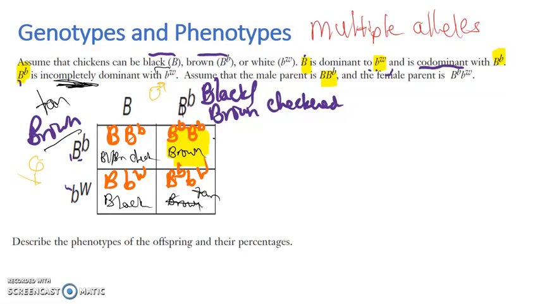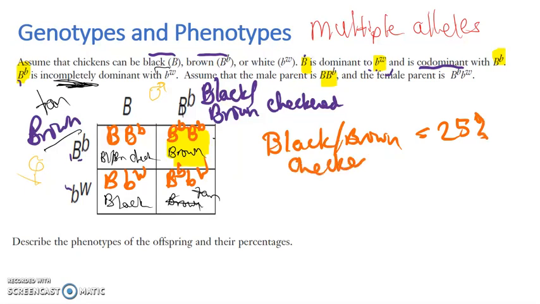So if we examine our outcome here, in total, we're going to have 25% in each phenotype. We're going to have a black and brown chicken as an offspring 25% of the time. That's going to be a checkered because it's codominant. We're going to have 25% that are just brown, dark brown, not like mom.